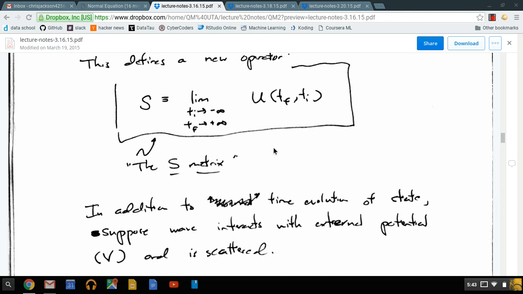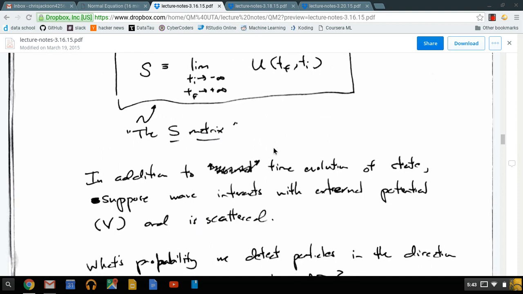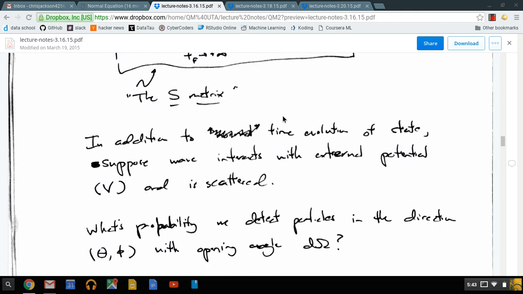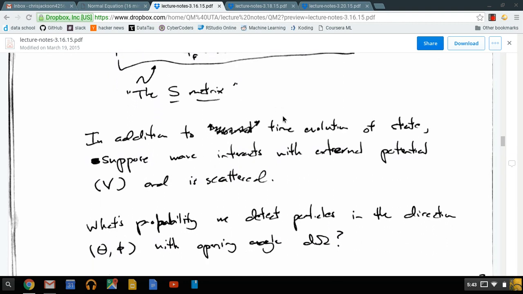Okay, so we know in the absence of any interaction, there's going to be some time evolution of the state, but there's also going to be some time dependence that's going to be introduced by our scatterer, right? The thing that's causing these particles to scatter in our experiment. And that's the interesting part, right?